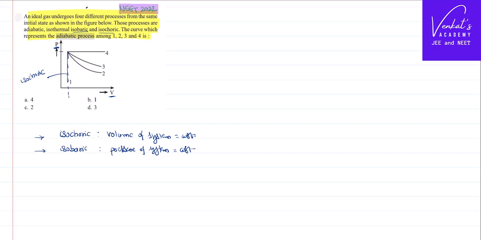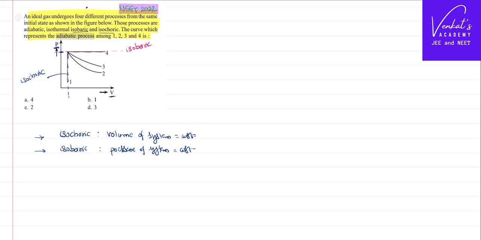See, here is the pressure that is constant. If you look carefully, for graph 4, throughout the journey, pressure is constant. So that 4, what we have written is isobaric process.